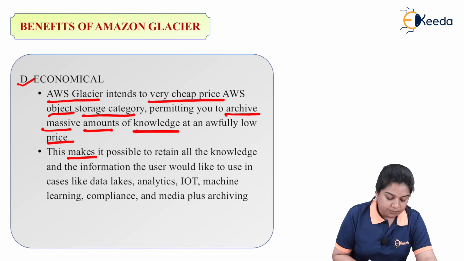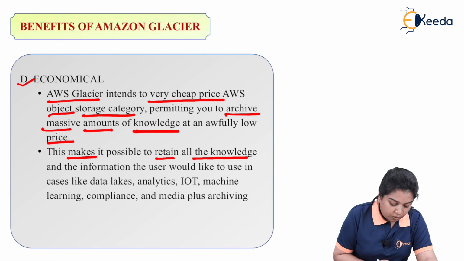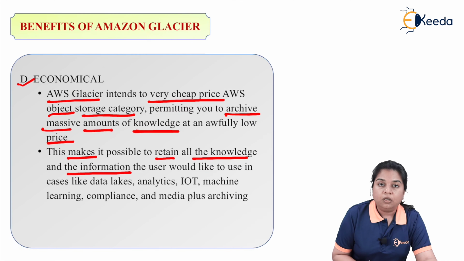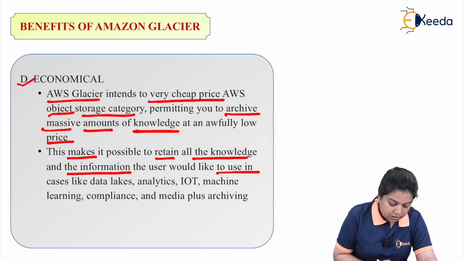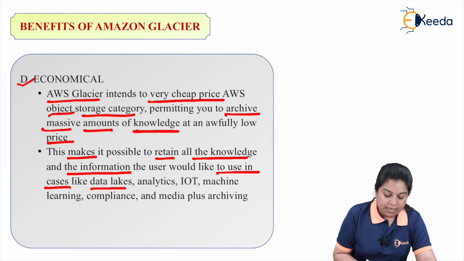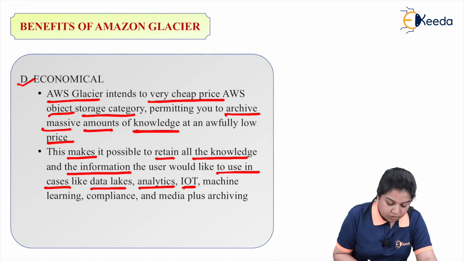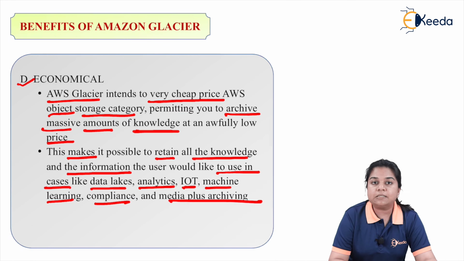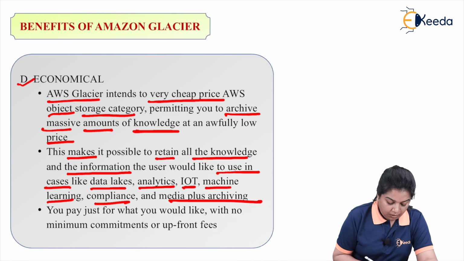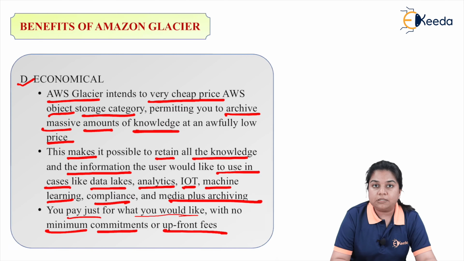This makes it possible to retain all the data the user would like to use in cases like data lakes, analytics, IoT, machine learning, compliance, and media archiving. Here, you pay just for what you need, with no minimum commitments or upfront fees.